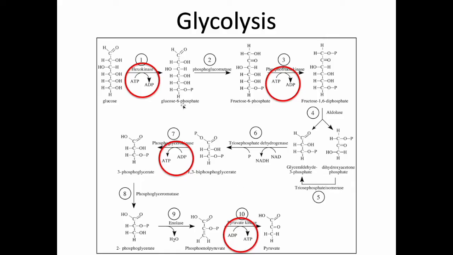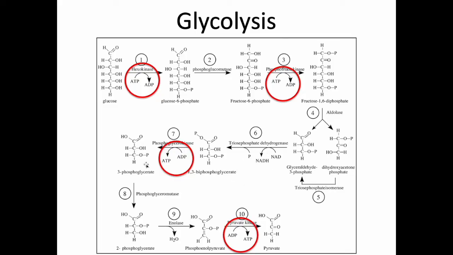So we do have to spend some energy in a few of the earlier steps of glycolysis. But we are generating energy in the later steps of glycolysis. If you read the textbook, they will count exactly how many molecules of ATP happen in each step of cellular respiration. I'm not going to worry about that.